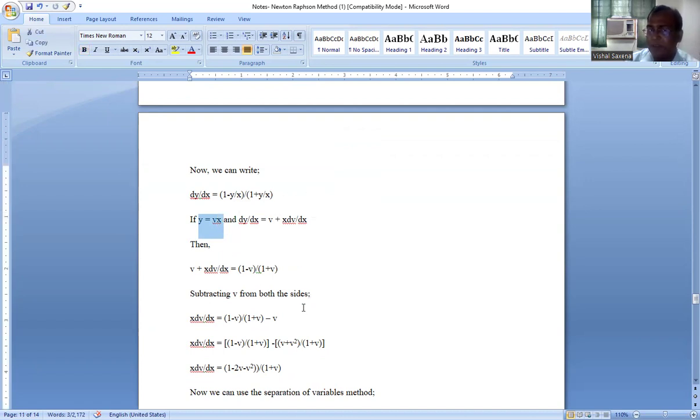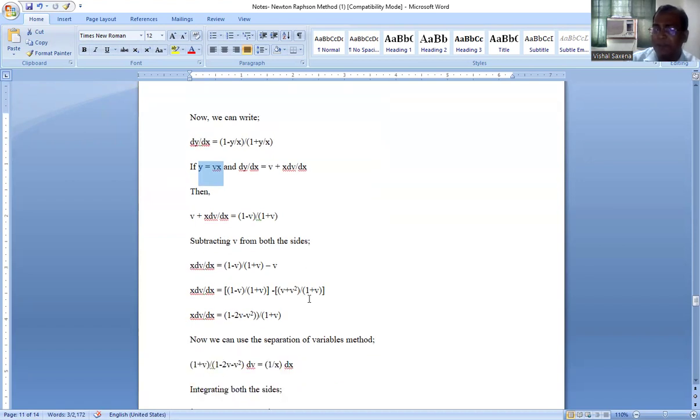So finally, in the given equation, we will get v plus x into dv by dx is equal to 1 minus v upon 1 plus v, and therefore now we simplify the equation, and simplify means we have to separate our dv by dx term.